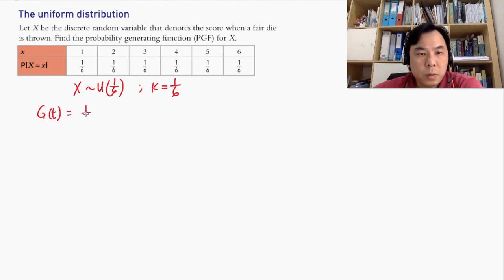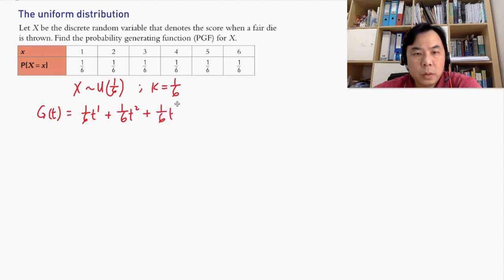That will be 1/6 t to the power 1 here, because the discrete random variable starts with 1, and then we have 1/6 t to the power 2 representing the second discrete random variable.